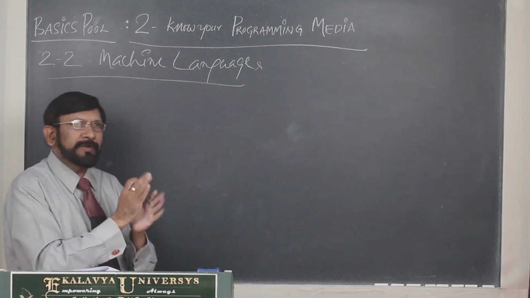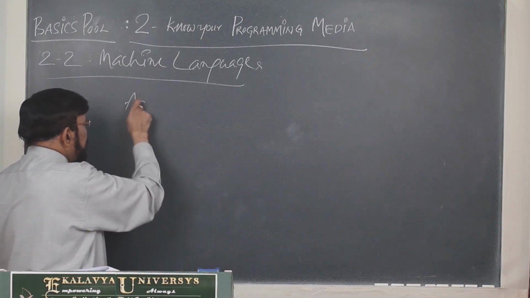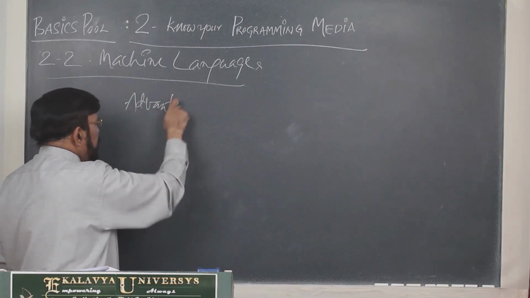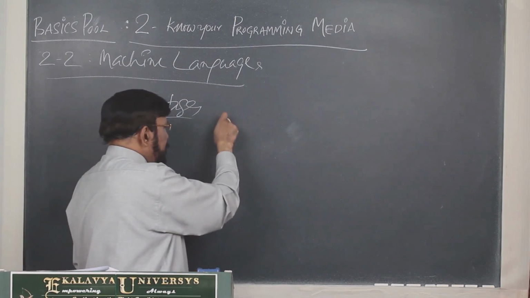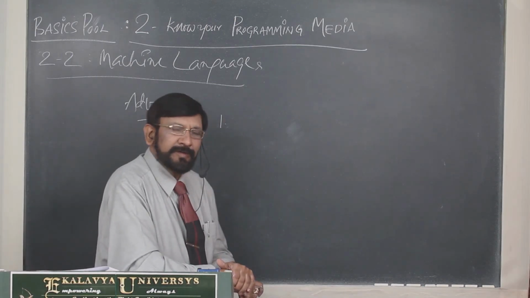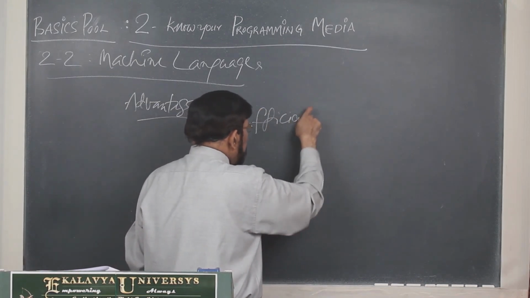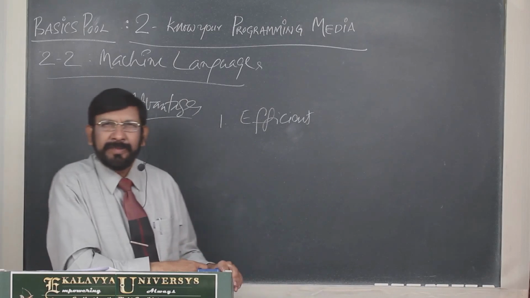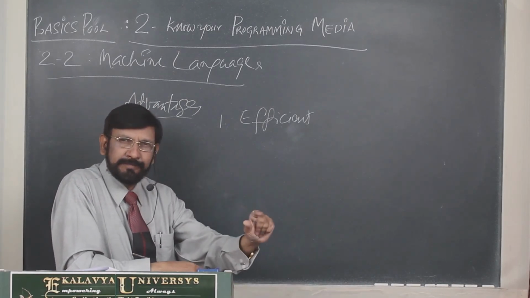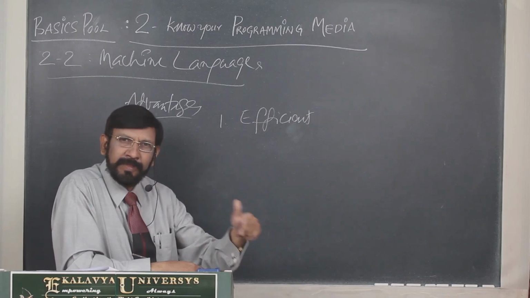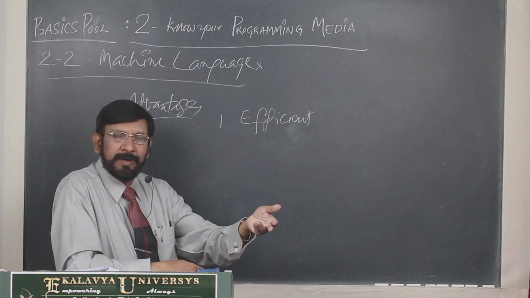So, after understanding the machine language, let us consider the advantages of the machine language. Actually, the first advantage is it is very efficient on a machine. Why is it very efficient on a machine? A computer's language is binary. You are providing all the data or instructions in a binary format.